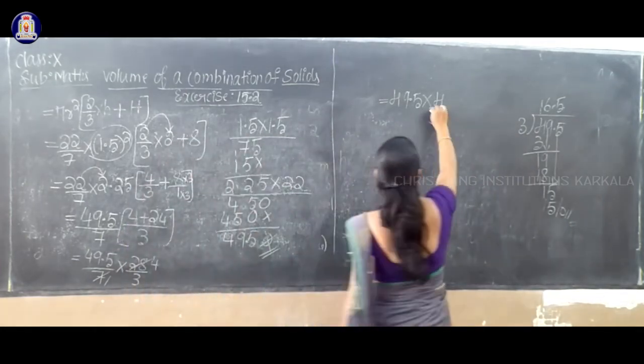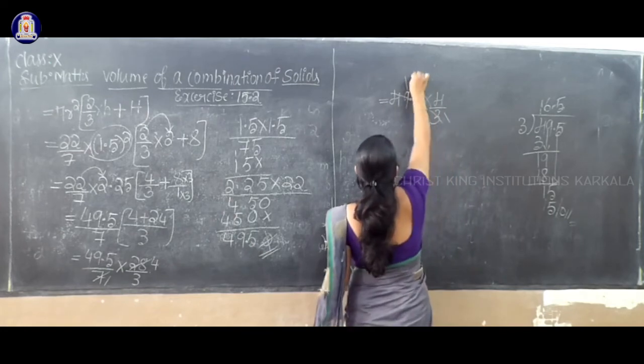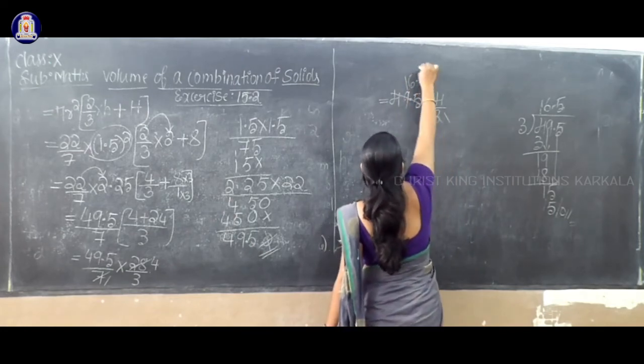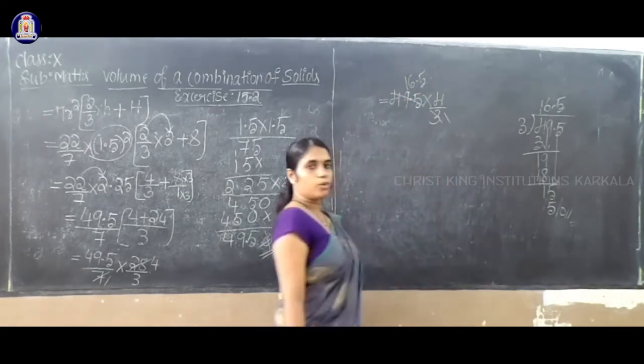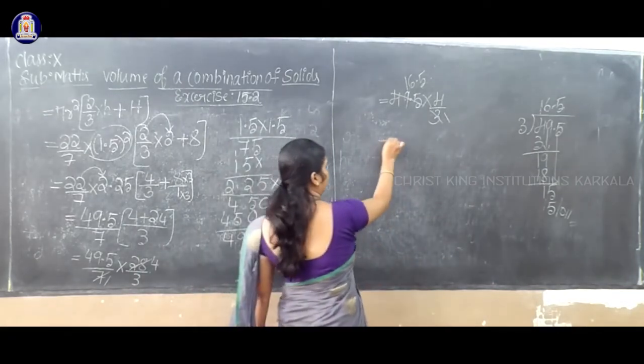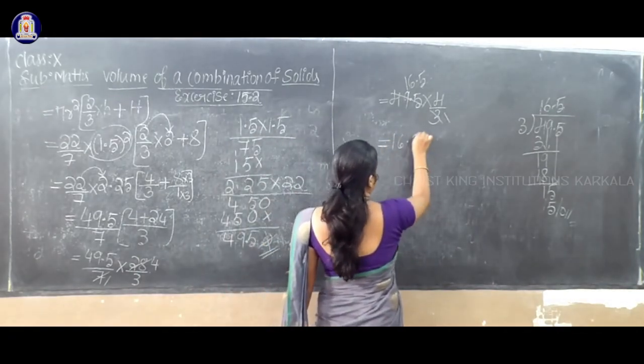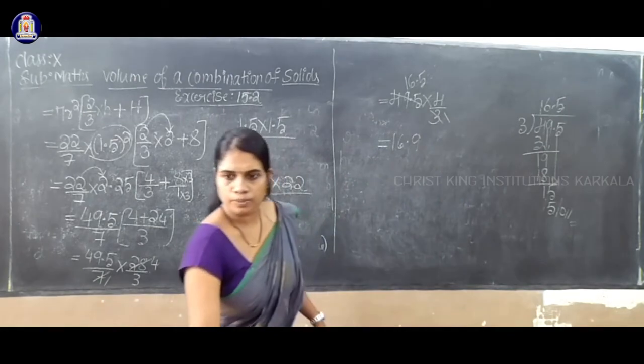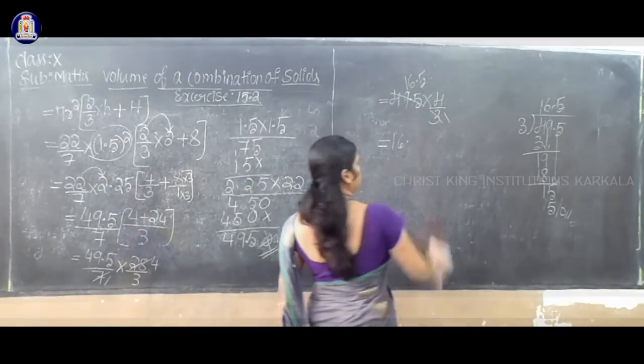Okay, so 3 times 16.5 is 49.5. So your remaining answer is 16.5 into 4.